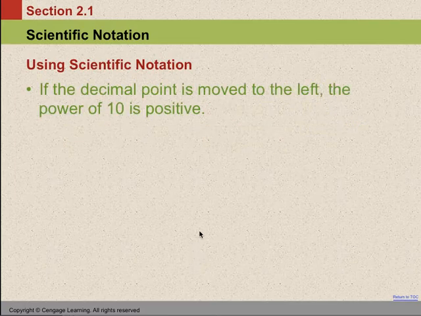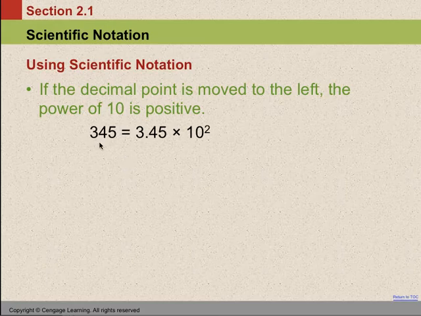If the decimal point is moved to the left, then the power of 10 is positive, when I'm converting to scientific notation. So for instance, 345, I'm moving the decimal place from here to here. Okay, so it's a positive, and I've moved it 2 places, so the power is 2.